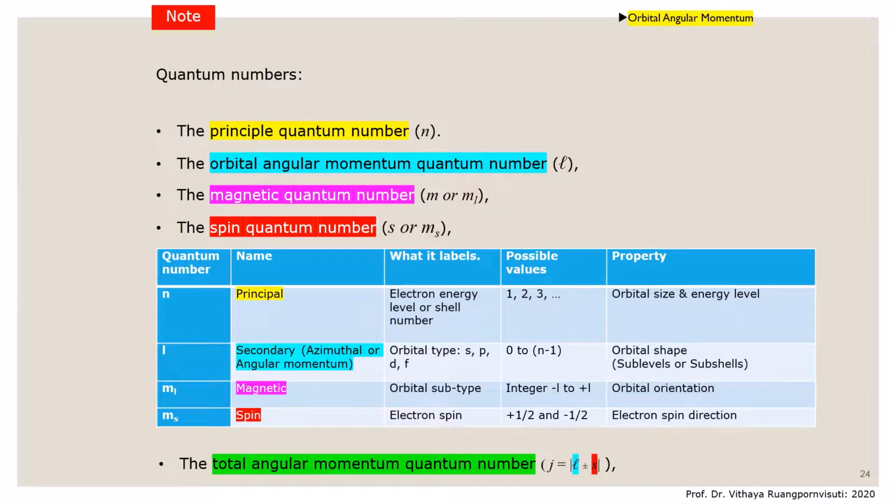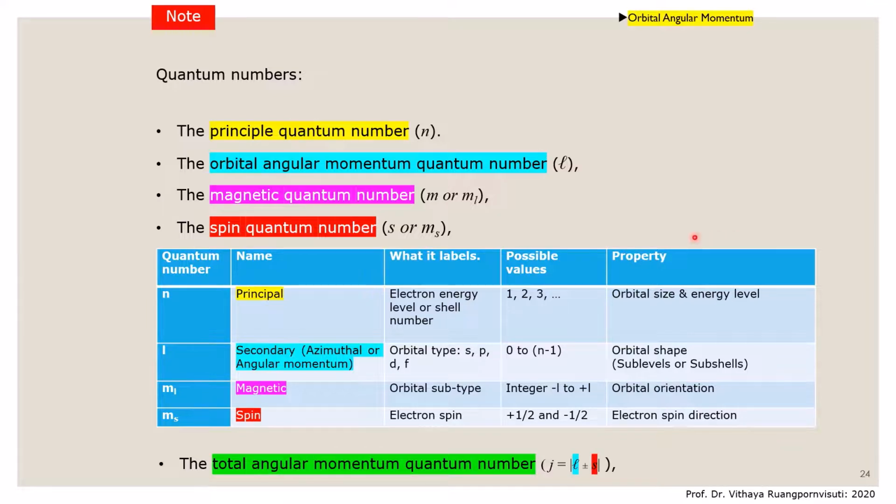The next is the spin quantum number, denoted by small s or m subscript s. The possible values and properties of these quantum numbers are shown in the following table.